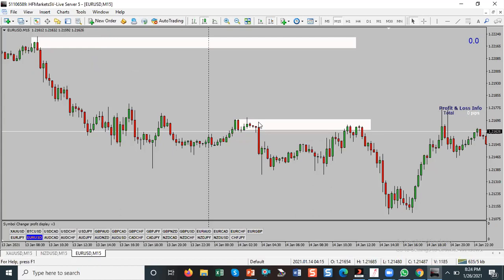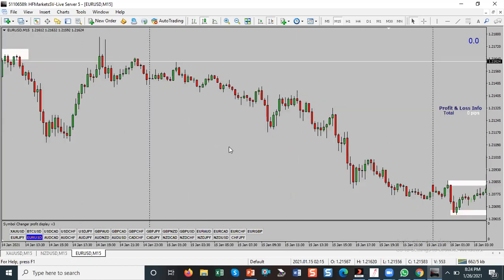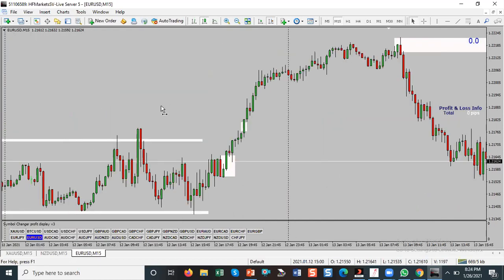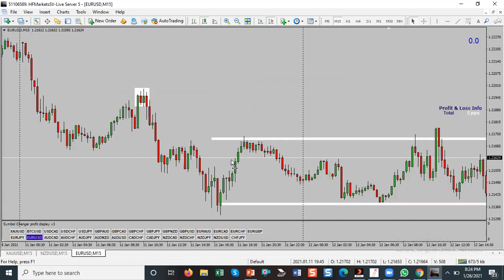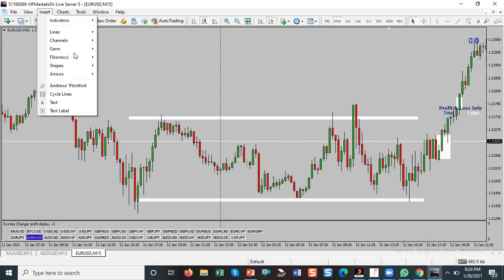So there was an impulse drop from here. And look at what happened. Price goes back to that level and see the result. That is for supply zone. Then areas of demand zone: supply zone appears on the top while the demand zone appears at the bottom. So such areas like this are demand zones.